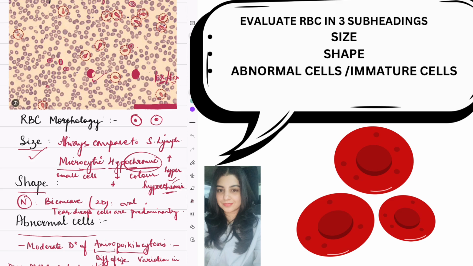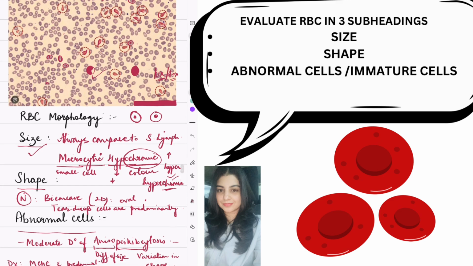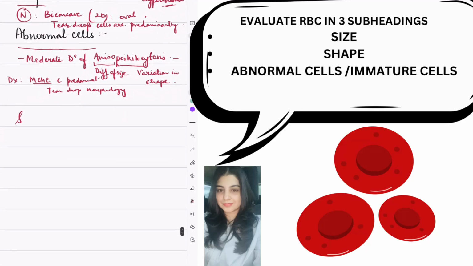But as a pathologist, your part is to suggest. So how will you suggest? You will suggest fetal hemoglobin levels, HPLC, to exclude thalassemia, because teardrop cells are predominant, so maybe target cells will be there.